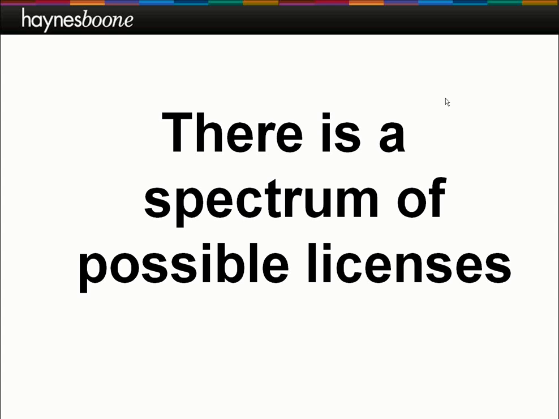We'll talk about this more in just a few minutes. So there are actually hundreds of different open source licenses, but they usually fit into this spectrum in one of 4 places. Next slide, please.